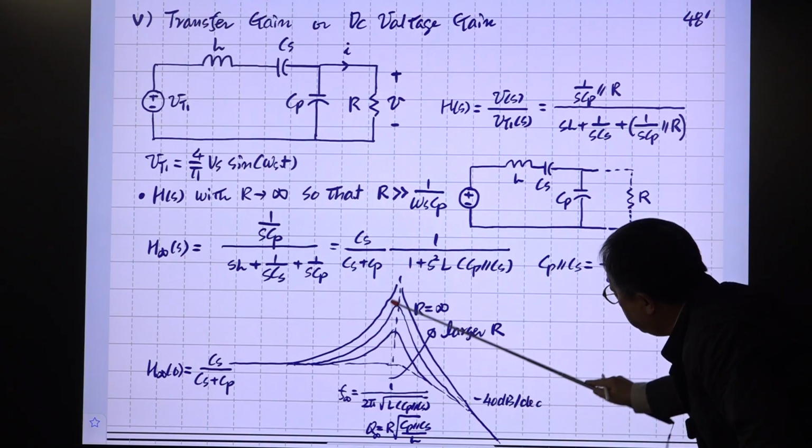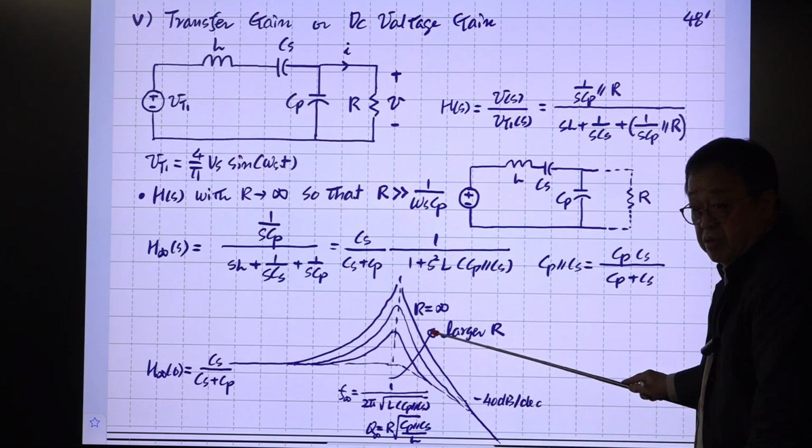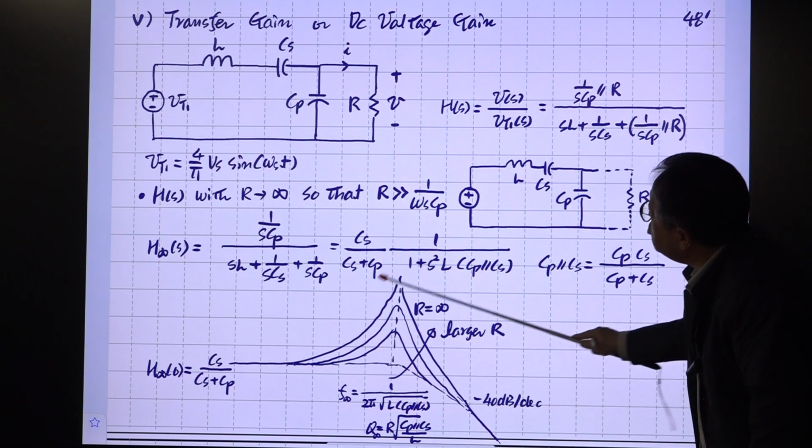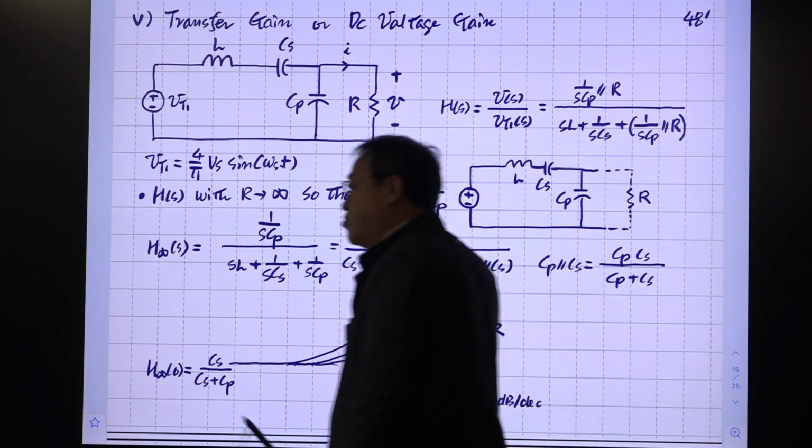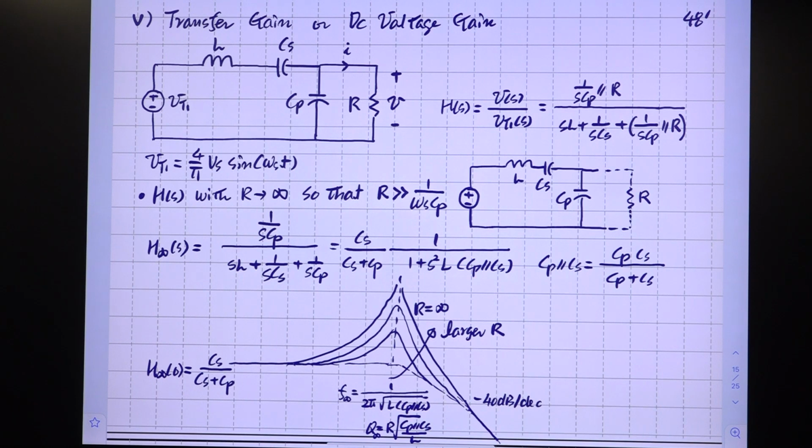So you have very high Q peaking here. You are using this kind of characteristic because we always want a high Q resonant tank, right? So this curve is valid when R is very large, okay? When R is very small, then you have this.